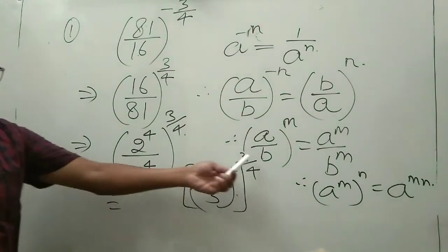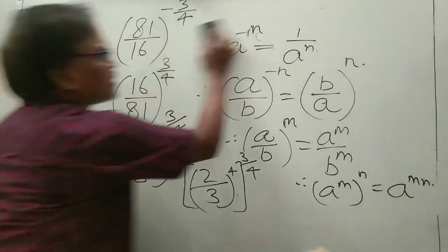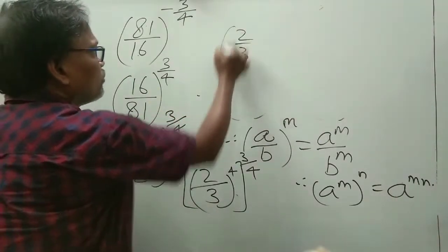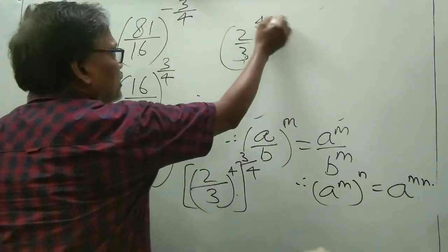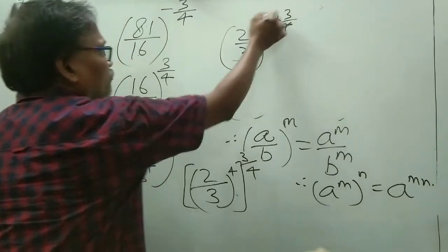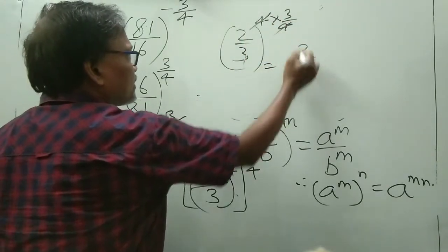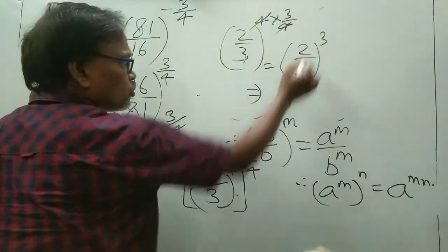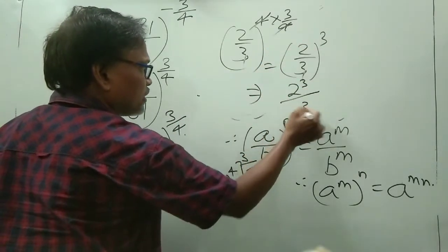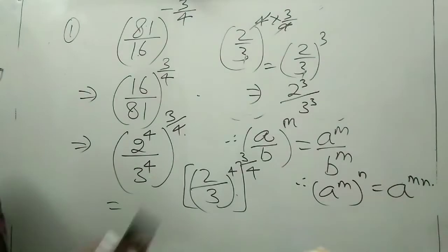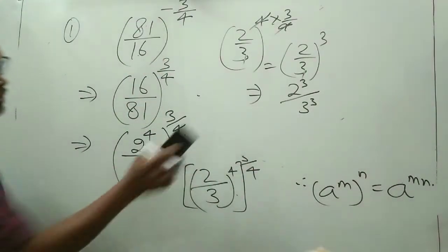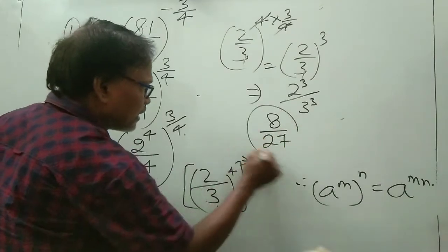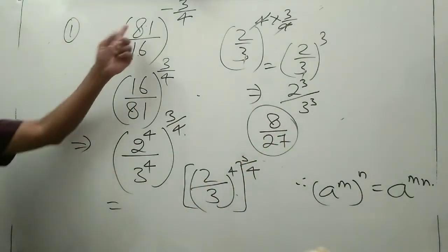So multiply these two powers, what will you get? 2 by 3 whole power 4 into 3 by 4. 4 cancels. So 2 by 3 to the power 3, and then simplify. So 2 cube upon 3 cube, so it will be 8 by 27. This is the simplest form of this question.